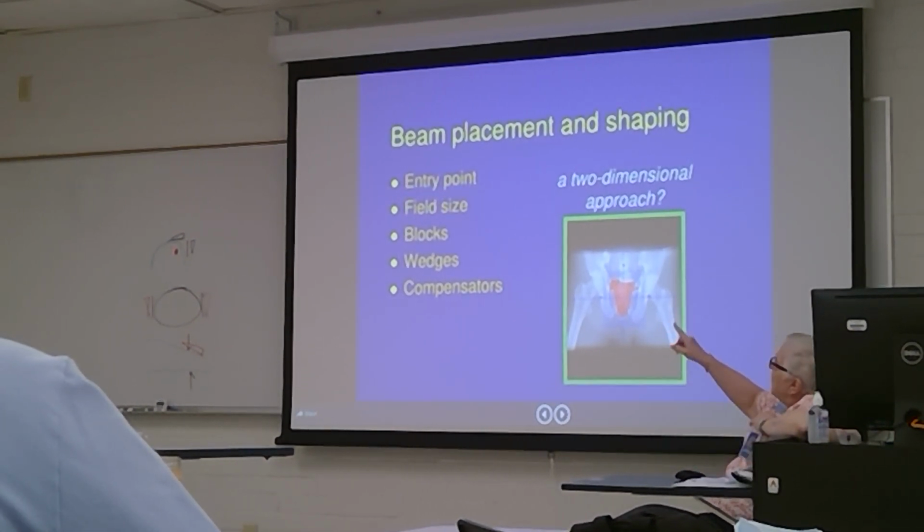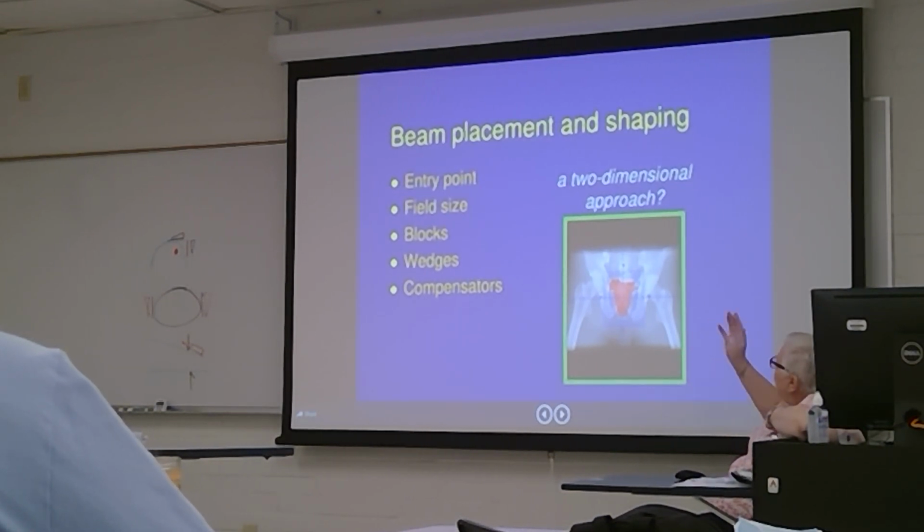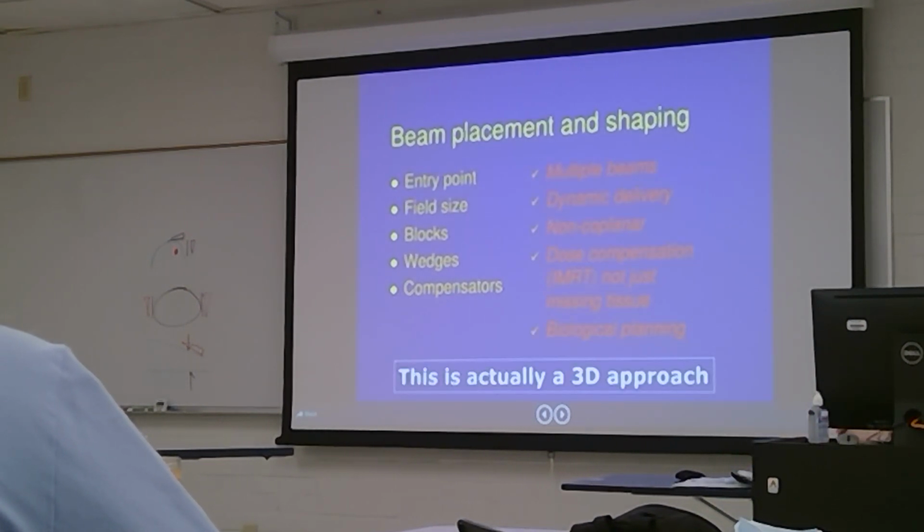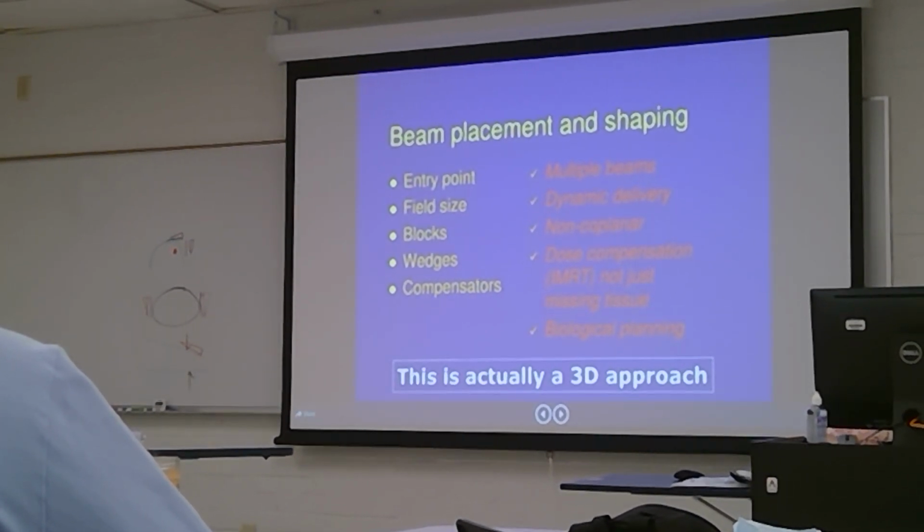They're basically the same. Entry point is the same, field size, depending on what we're going to treat, wedges and compensators. Okay. So, multiple beams, dynamic delivery, non-coplanar, dose compensation, IMRT, just non-missing tissue, and biological planning.